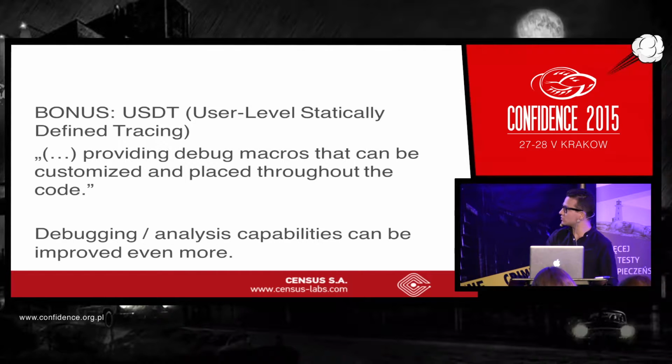And as a bonus, you have something like USDTs, which are user-level statically defined tracing. Basically, you can make some static points in your own programs or in programs of other people, and put probes statically into the code.